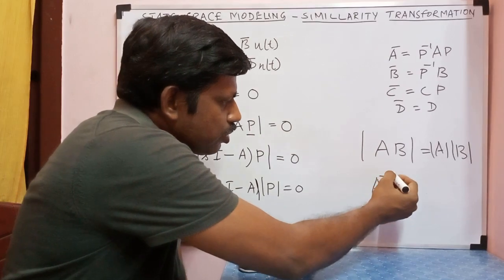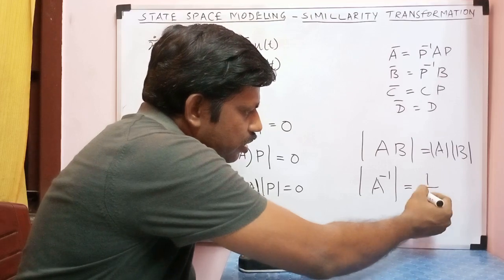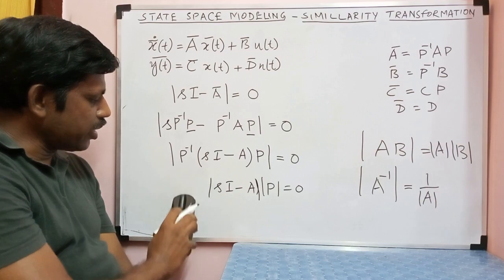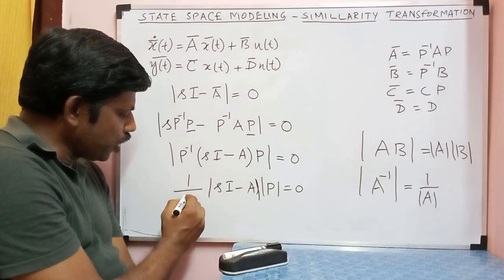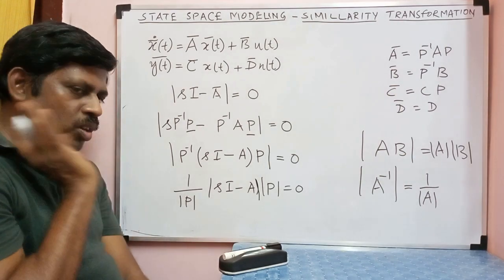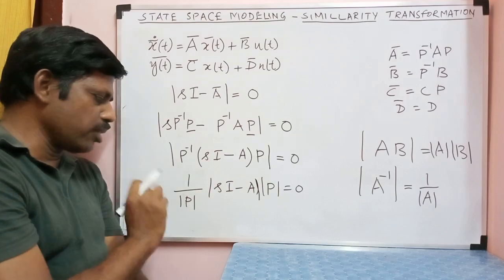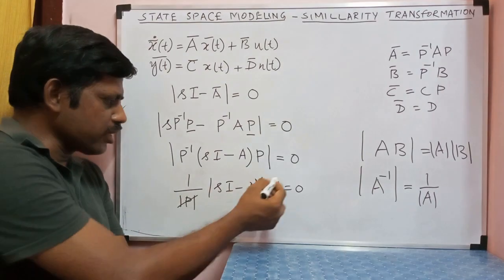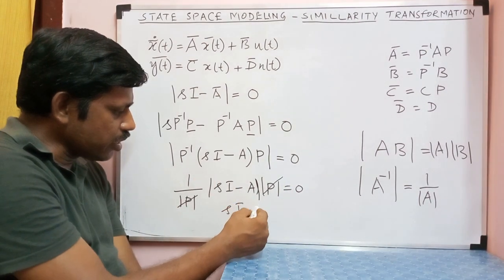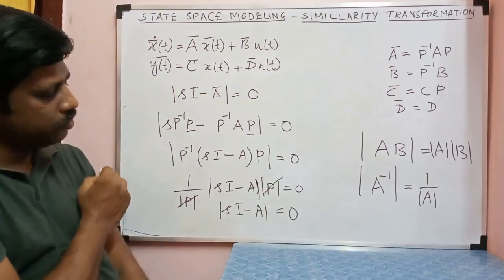What is the determinant of A inverse? It is nothing but 1 by determinant of A. So this I can write as 1 by determinant of P. Obviously, determinant of P is a scalar quantity, and therefore I can cancel these two, and what I get finally is determinant of sI minus A equal to 0.